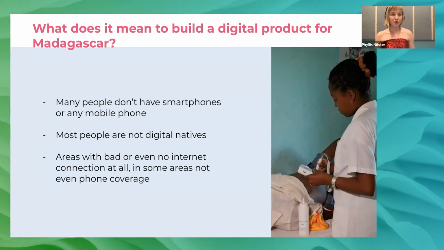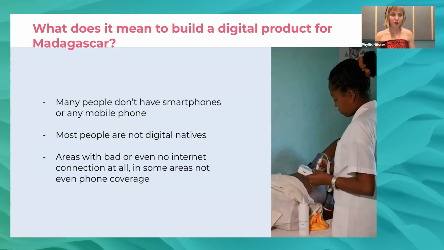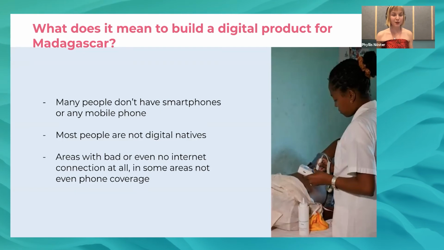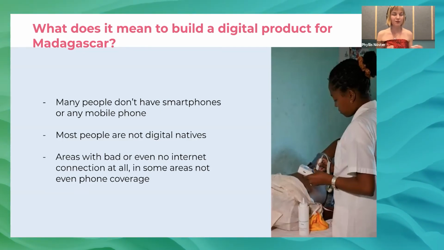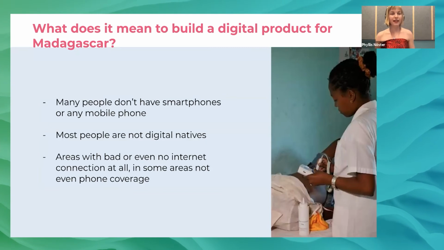In relation to the limited access to technology, people are also not digital natives, so there has to be a very strong focus on usability. Not everything that is clear to us about how an application works, where the send button is, for instance, is something that they've already learned through using a lot of applications.